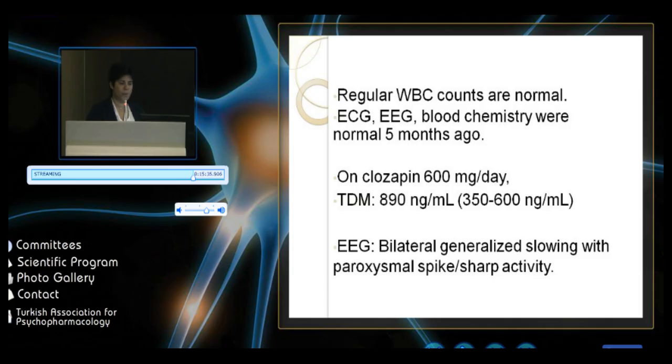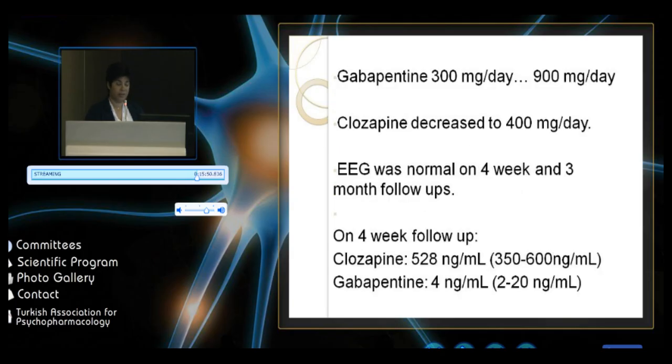We checked the history of seizures, no seizures at all. ECG looks normal from 5 months ago, but clozapine appeared to be at toxic doses, 890 mgs. We found some paroxysmal activity in EEG as well. We added gabapentin as an add-on to her therapy. We reduced clozapine dosage to 400 milligrams per day.